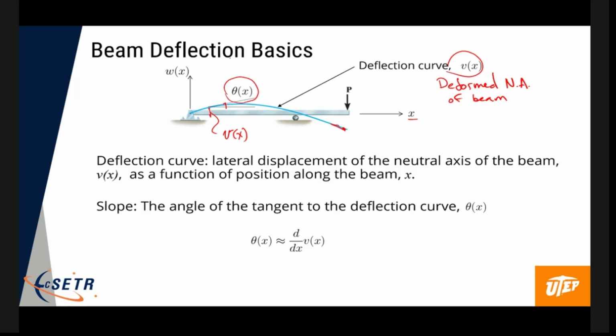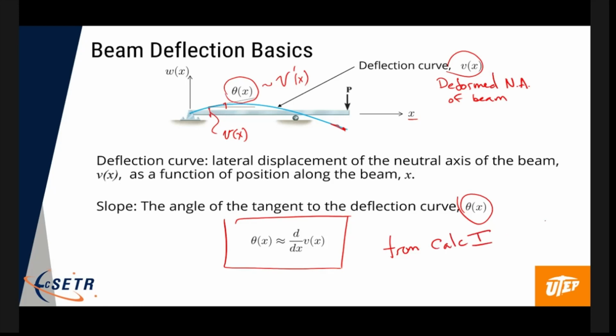If you remember from calculus, the slope of the curve is the first derivative of that curve with respect to x. So the derivative of the elastic curve gives us the angle of the slope. That relationship is from calculus, and that's our objective in this class.